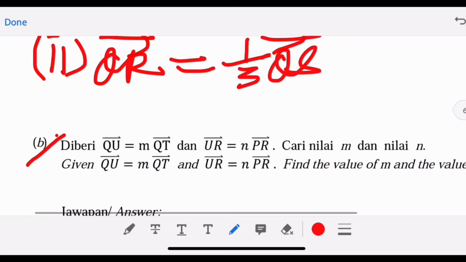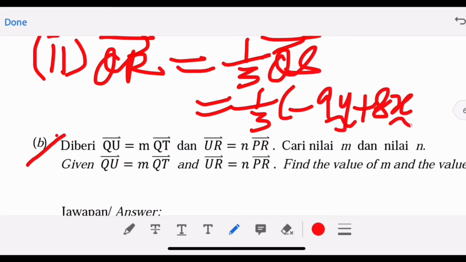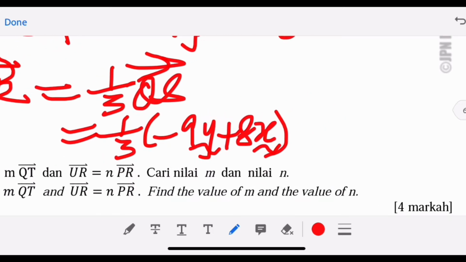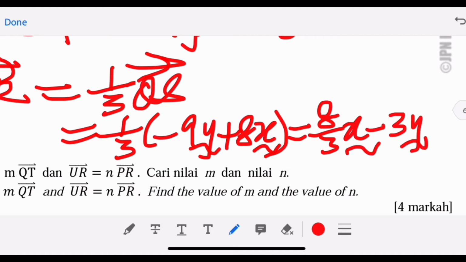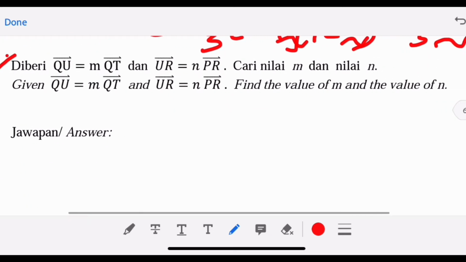So we write 1/3 times negative 9y plus 8x. If we simplify to the simplest form, it will be 8 over 3 x minus 3y. That is the answer for the vector QR.